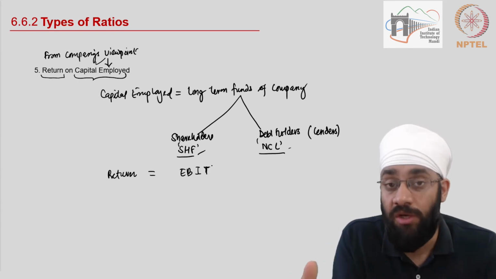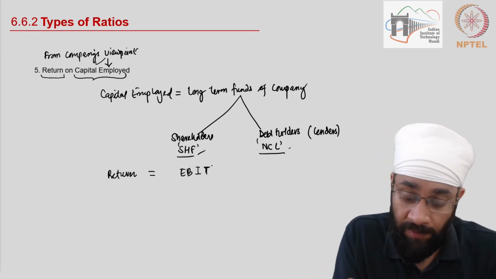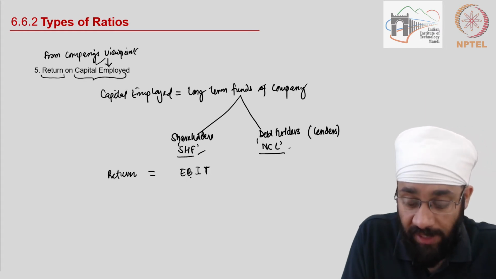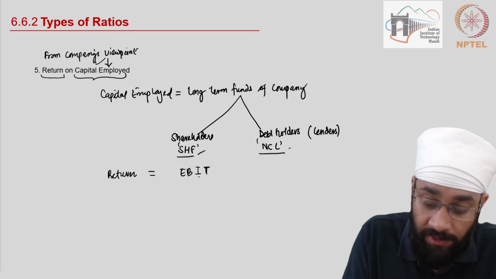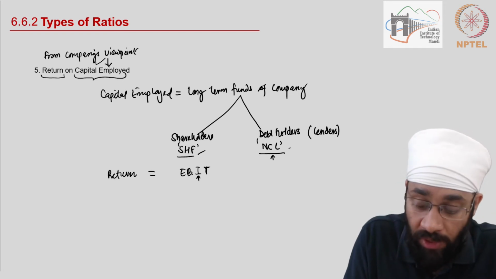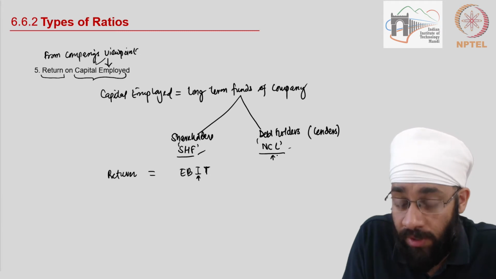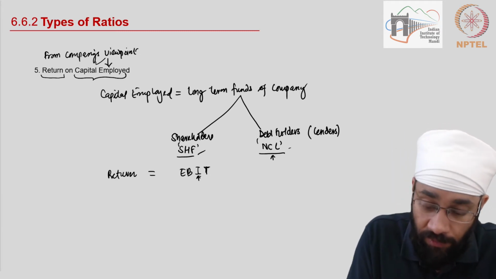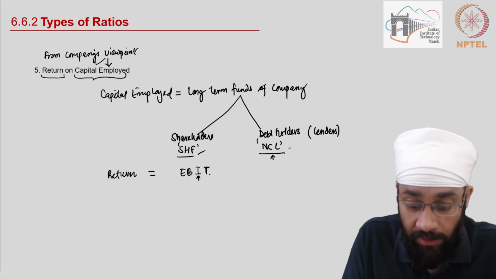The earning potential of the company is before you pay the tax. So earning before interest and tax is taken as the return. The interest is paid to the debt holders. We want to look at the return to the debt holders plus the shareholders at one go. Therefore, we are going to take earning before interest and tax.